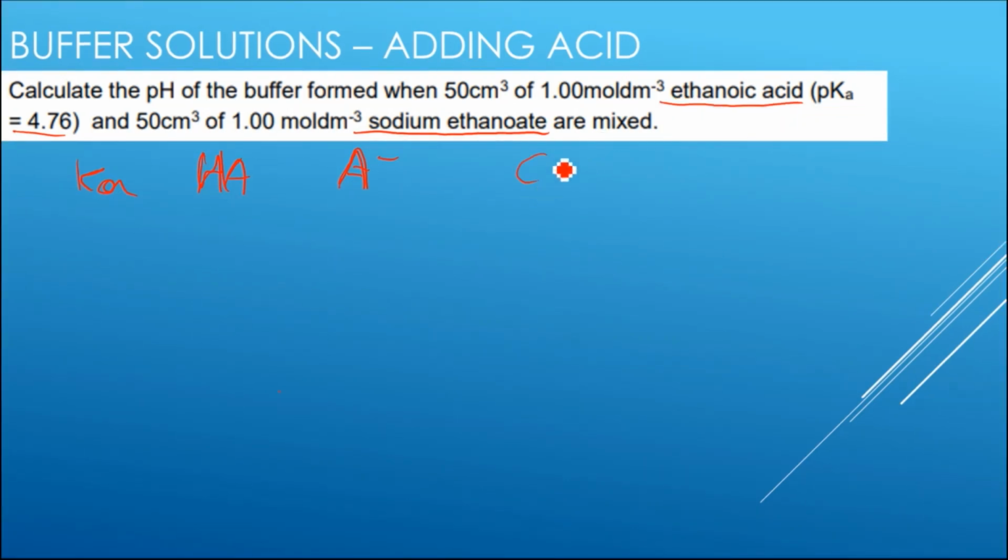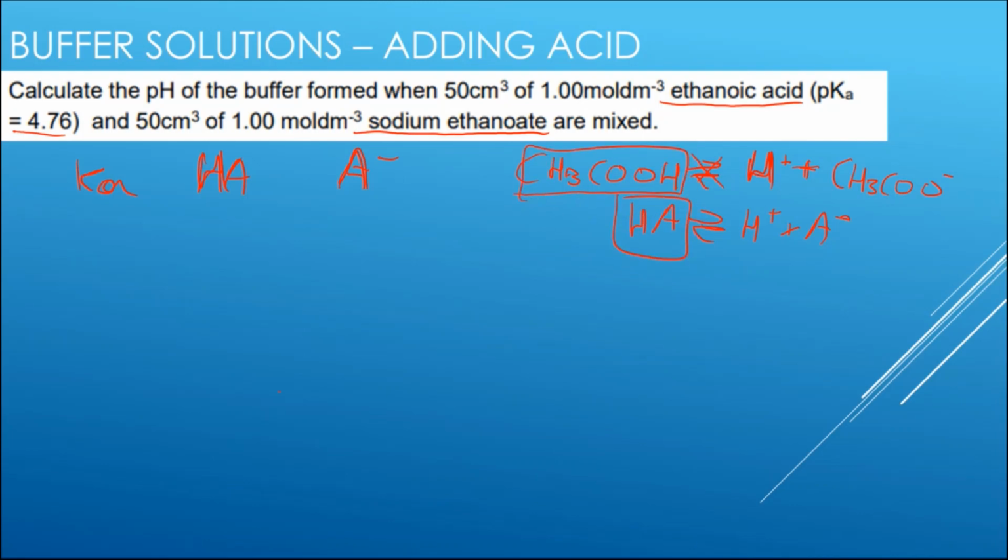As we know, ethanoic acid partially dissociates into H plus, as well as the conjugate base of it, which is CH3COO minus, or any acid would dissociate into H plus and A minus. But for these types of questions we assume that no dissociation has occurred. So we only have the weak acid.